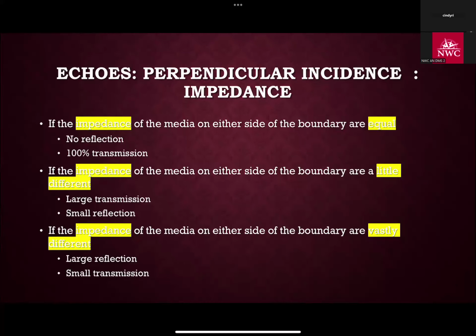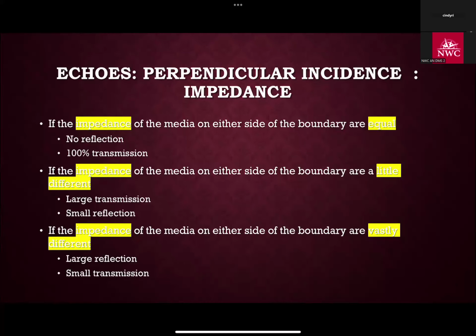So now that we know what impedance is, it has to do with the density and the propagation speed. And we also know that impedance is described as a tissue's resistance to the sound wave. So now we have to talk about three different scenarios of impedance.